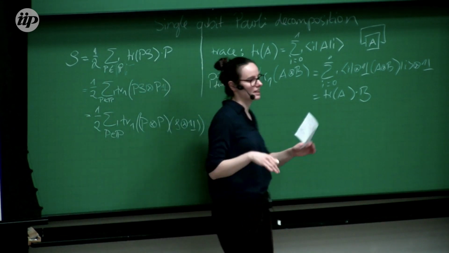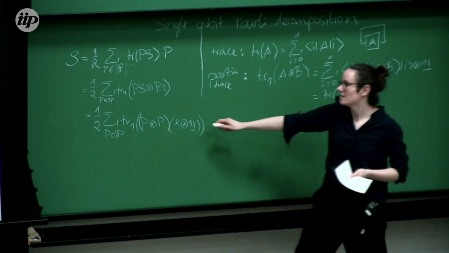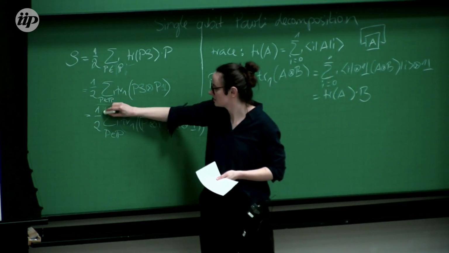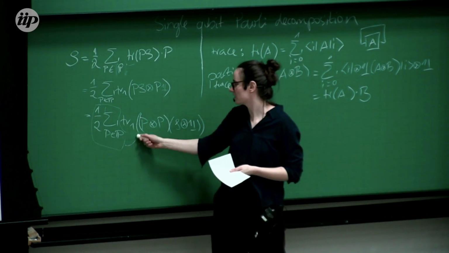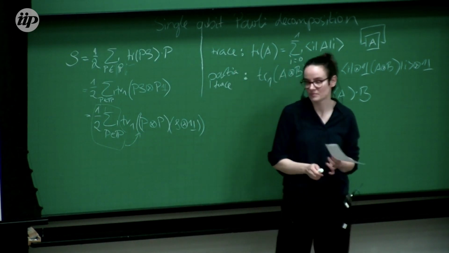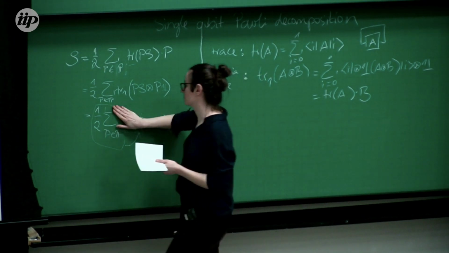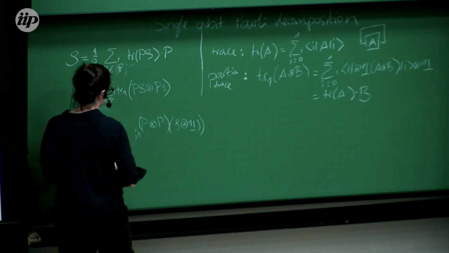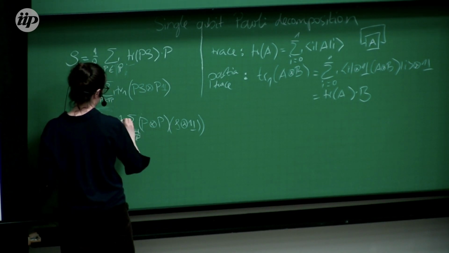Now we split away the part that we're summing over from the quantum state, and because the trace is linear, we can just pull in the sum here. So this would be the same as, okay, I will rewrite it. Sum over my Paulis, 1/2, and then our trace around that.